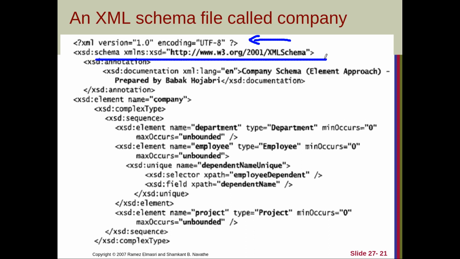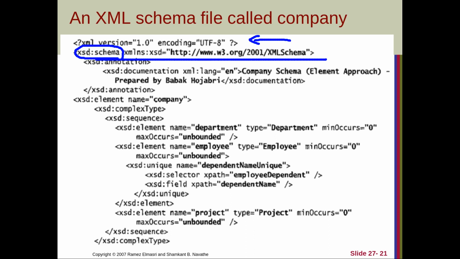You can directly look into this. Here, left angle bracket xsd colon schema, that is the name of the tag. Then you can see an attribute xmlns colon xsd equal to a URL, then right angle bracket. So what is this xsd schema?